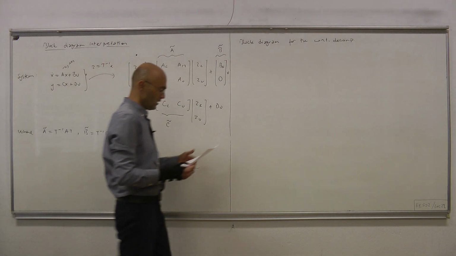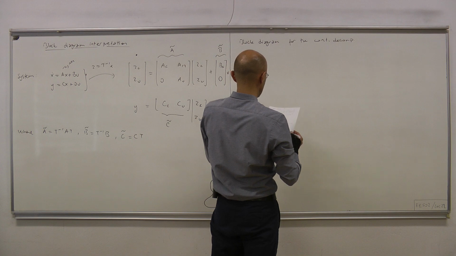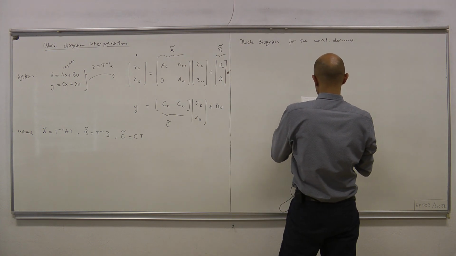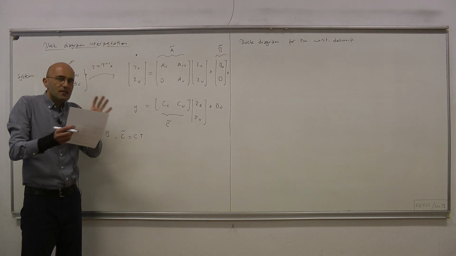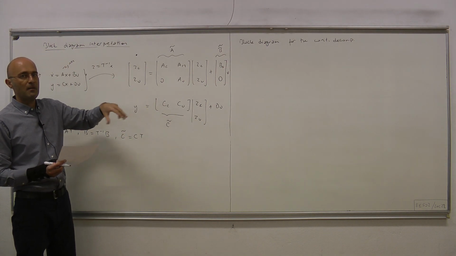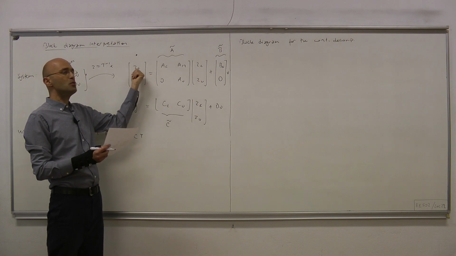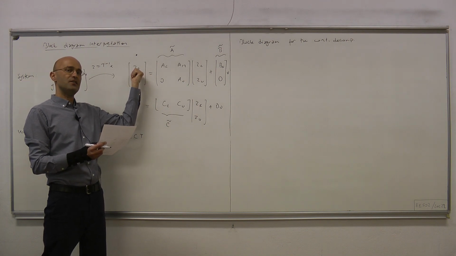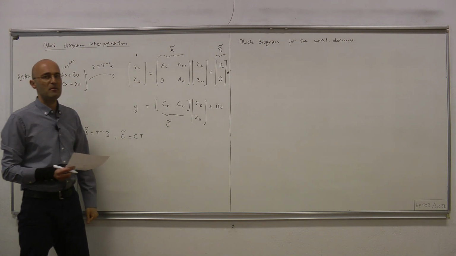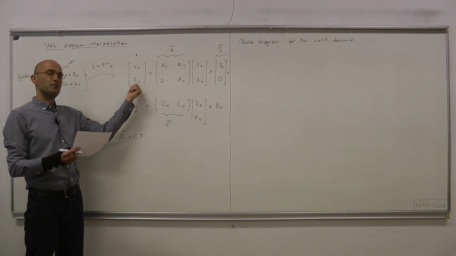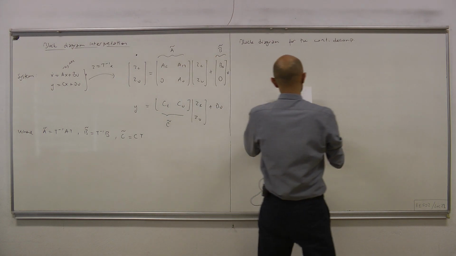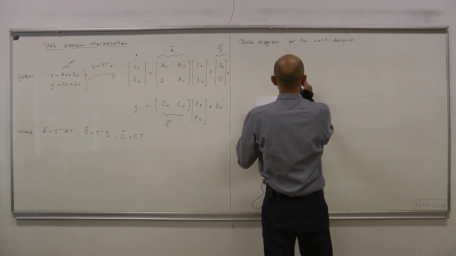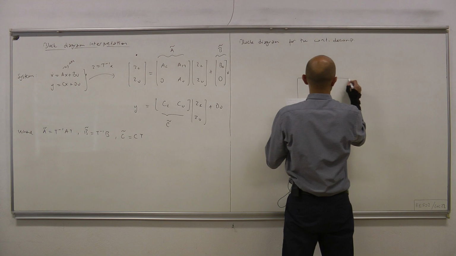Now, what's the block diagram for the controllable decomposition? We have two sub-dynamics of the overall dynamics. One is the dynamics due to the substate ZC. The other is the dynamics due to the substate ZU. So let's represent them as two separate blocks.